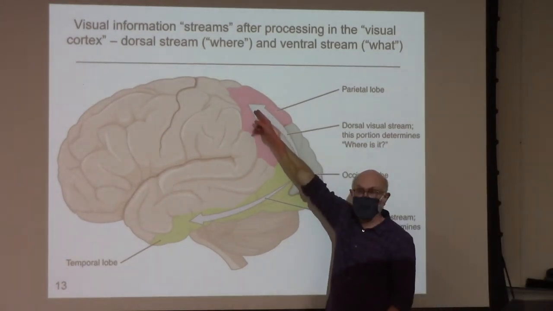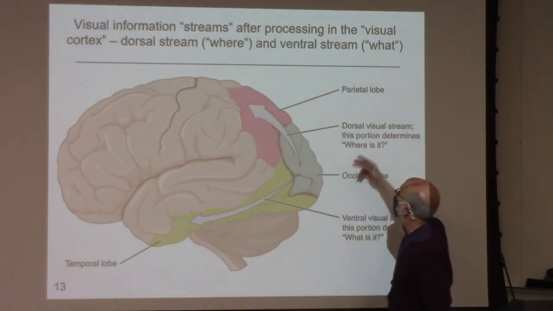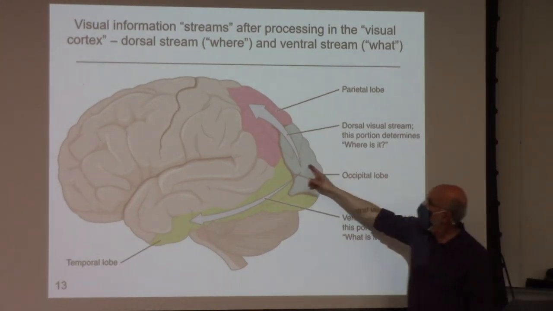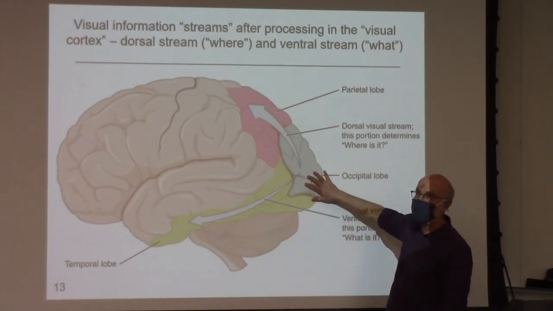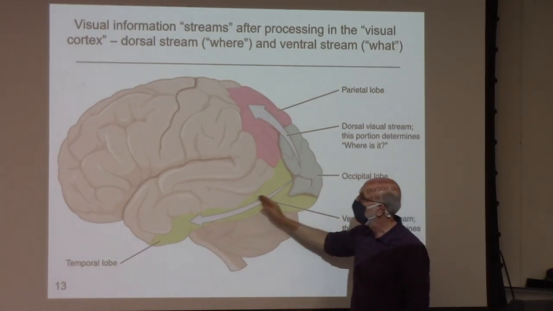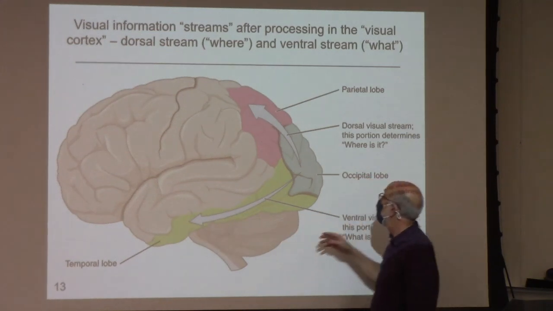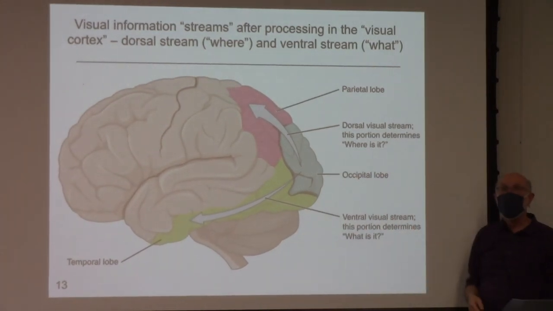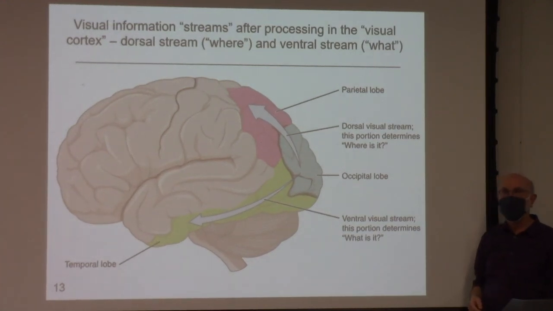The dorsal stream is carrying where information. The ventral stream from the posterior occipital lobe to the temporal lobe is carrying information about what is it.